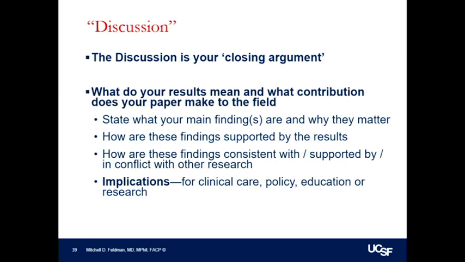Sometimes it's confusing whether it goes in the discussion or in the introduction, and you have to decide, get some feedback, and figure out the framing. Either it's, this is what isn't known: other people have found this, but they haven't answered this question, and that's why we did the research. Or it's, this is what we found, this is what other people have found, and it's different, and we think what we found is different because of blah, blah, blah.